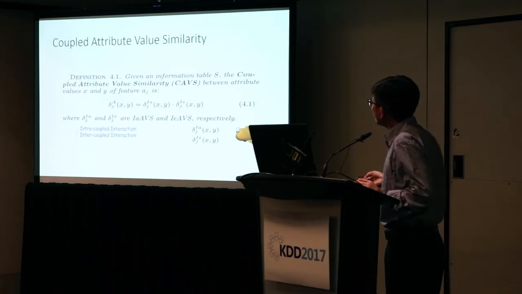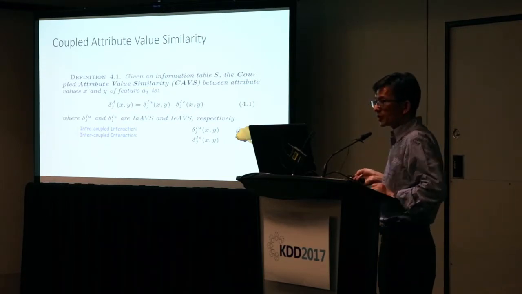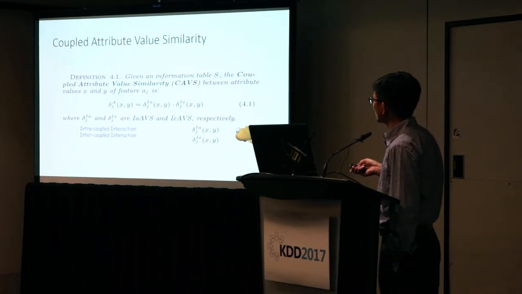Then we define what is called the coupled attribute value similarity. Given attribute j and the 2 values x and y, what is the relation or similarity between x and y for this attribute? The principle here is that we have to consider 2 aspects.